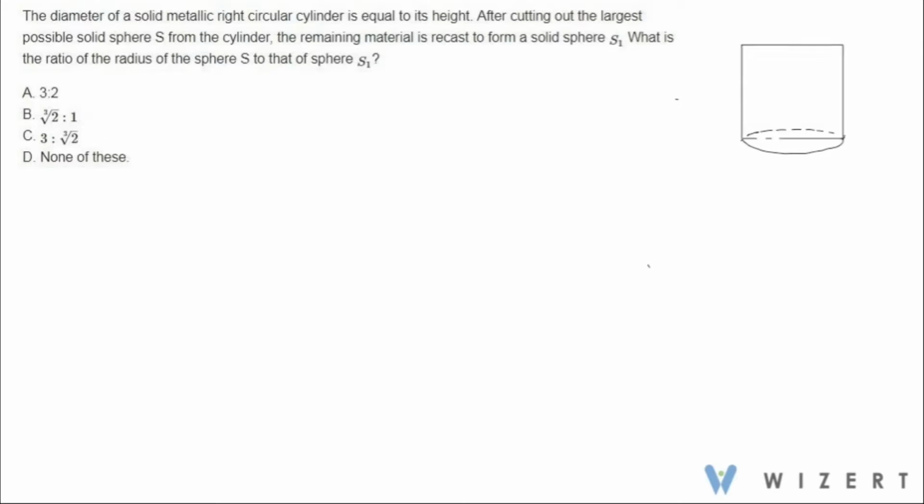So we have a right circular cylinder with a diameter, that is 2r, equal to height, and the largest possible sphere inside this cylinder will be something like this.